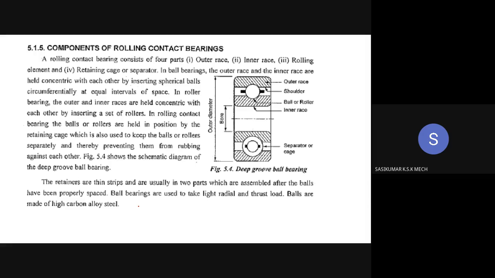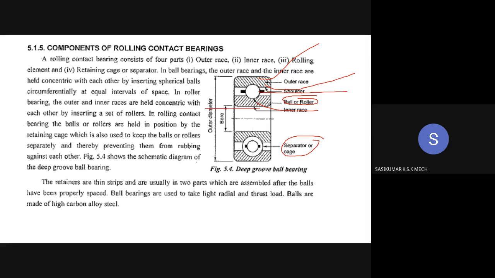And the various components of rolling contact bearings are shown here. You have an outer race, this one is the outer race, and you have a ball or roller, and this is the inner race. To separate the various balls, you may use a separator or cage element.